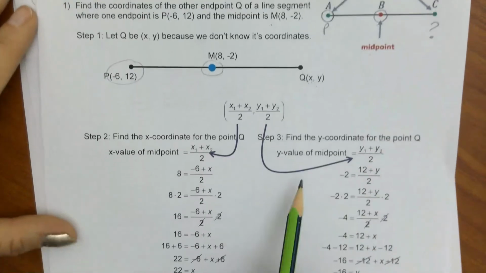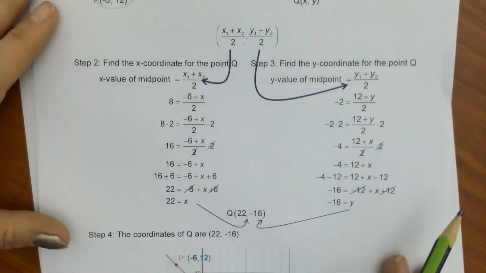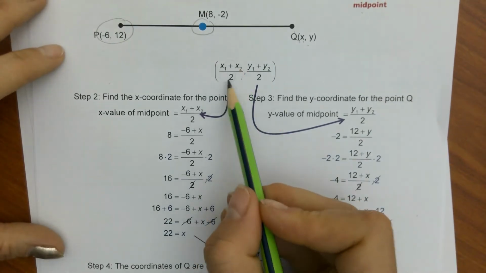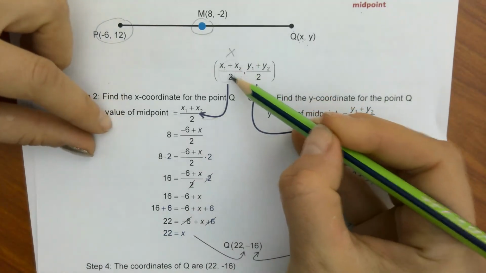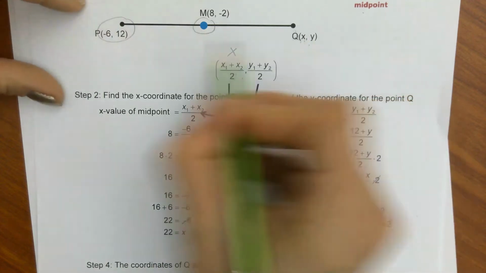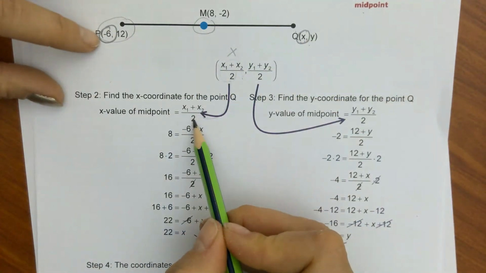Now we have to use the midpoint formula. If I want to find my x value for my midpoint, I just add my two x's, take this and this, add them together, and divide by 2.